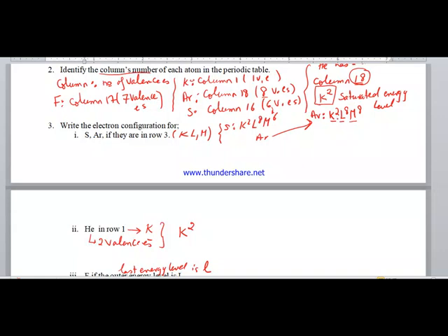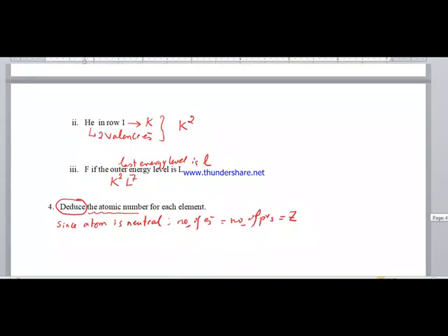Ar has a total of 2, 8, 8, which is 18 electrons.